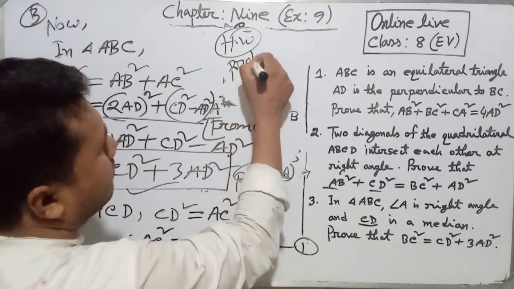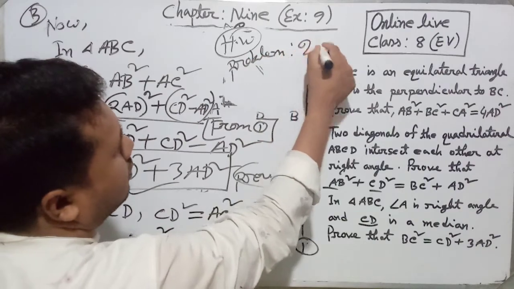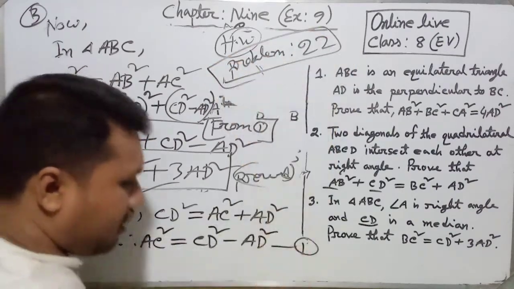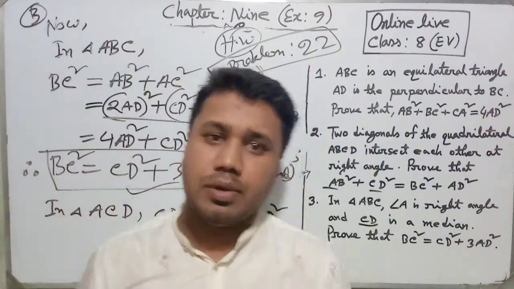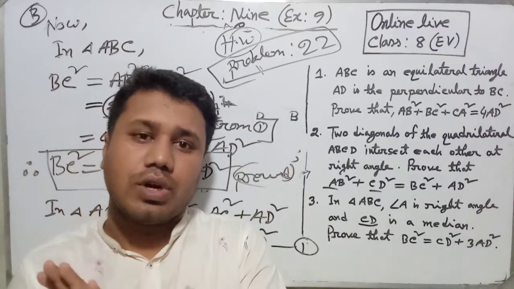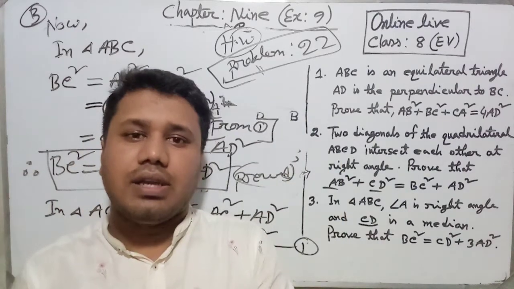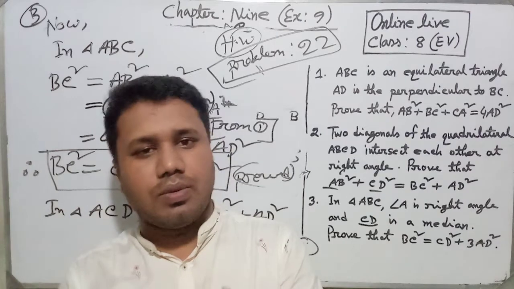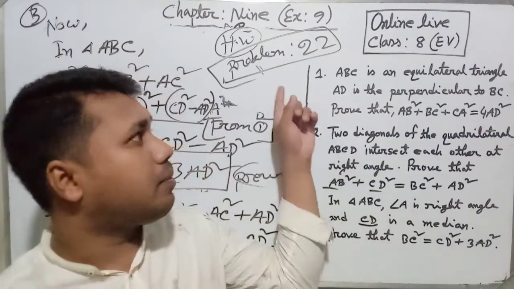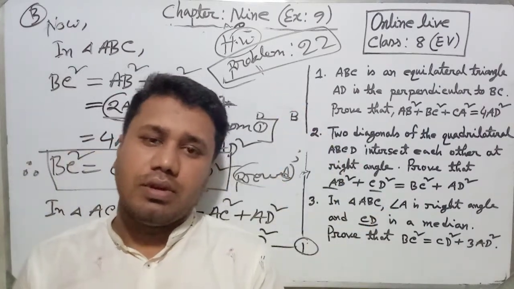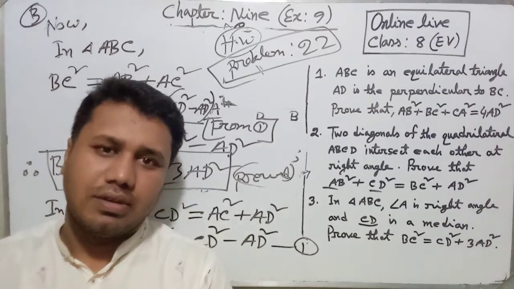In our exercise 9, problem number 22, it totally indicates the theorem of Pythagoras. So your homework problem number 22, that means you have to solve using Pythagoras theorem.